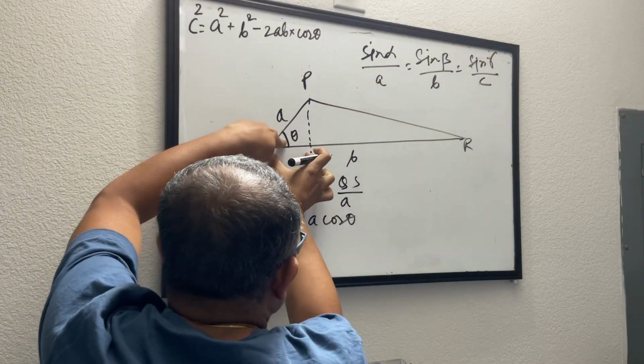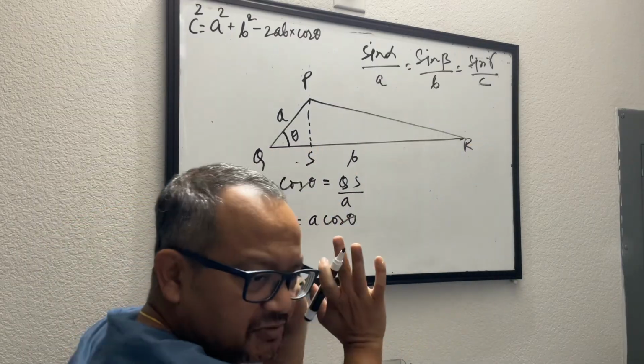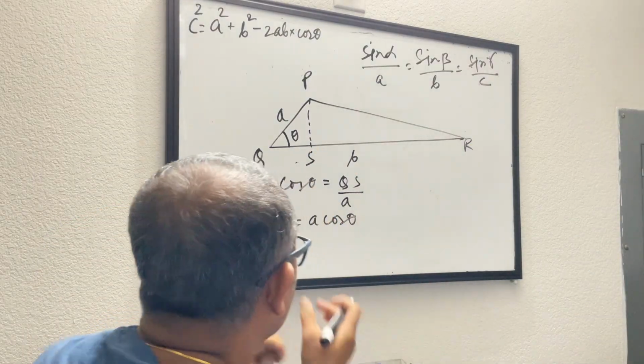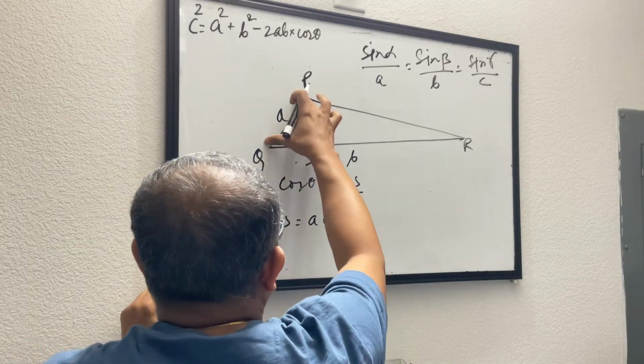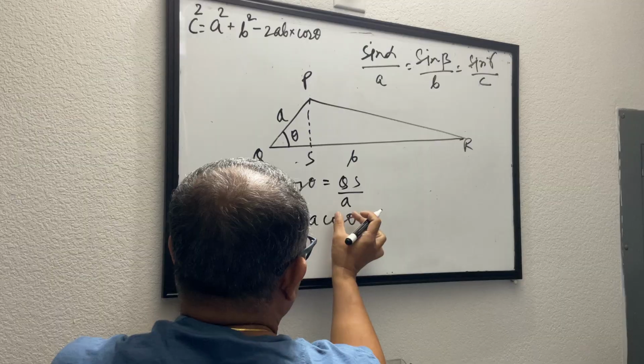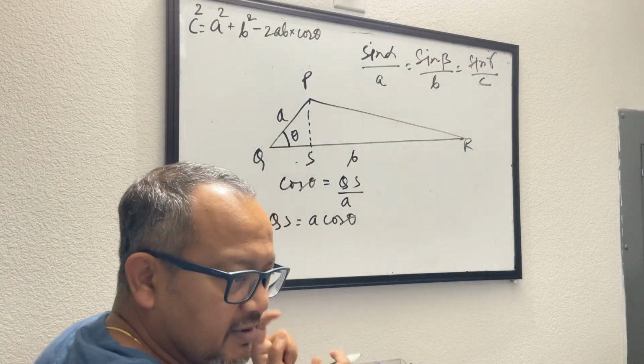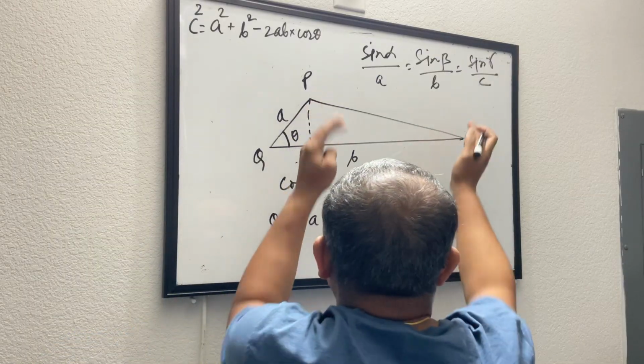Adjacent side is QS, which is a part of the side B, but we don't know how much it is, right? So QS divided by hypotenuse A. That means QS is equal to A times cos of theta. So far okay?